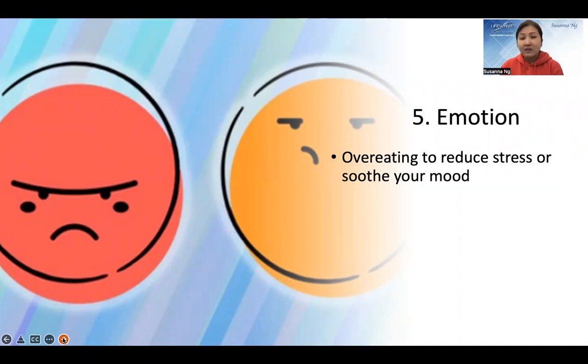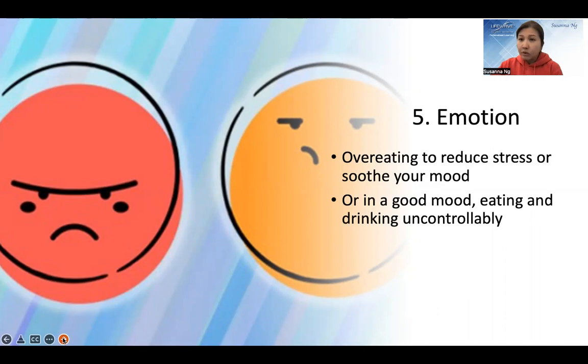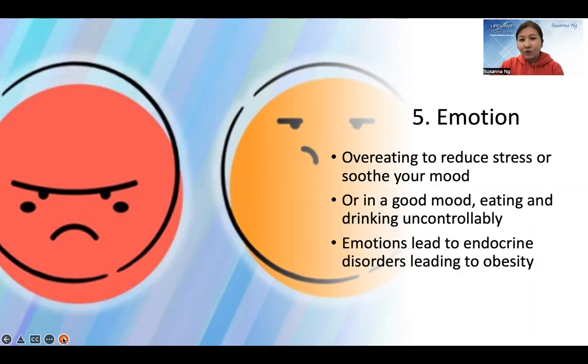But actually, I can't sleep because I'm too full. So somehow the pressure also will cause our obesity. Or in a good mood, we eat and drink a lot uncontrolled, and also the mood can lead to some eating disorder or just picking some food to eat. So the emotion problem also will cause our obesity.